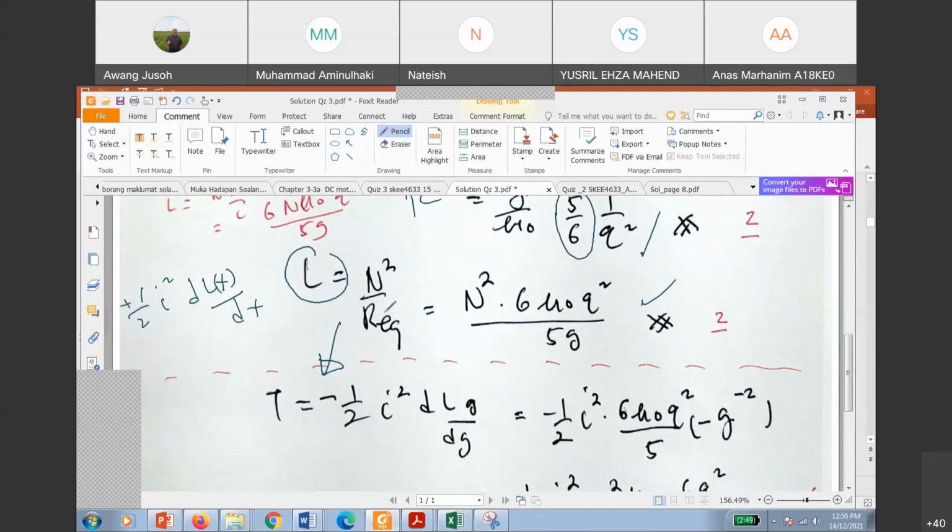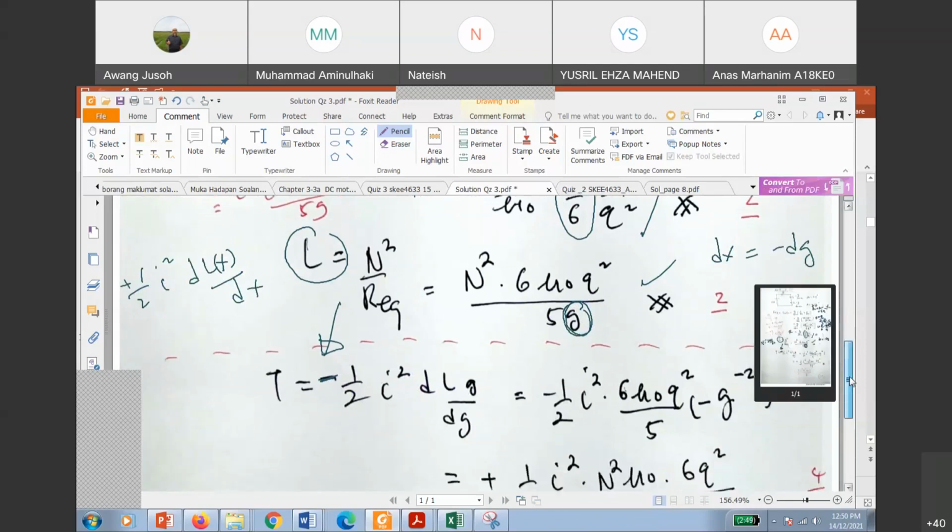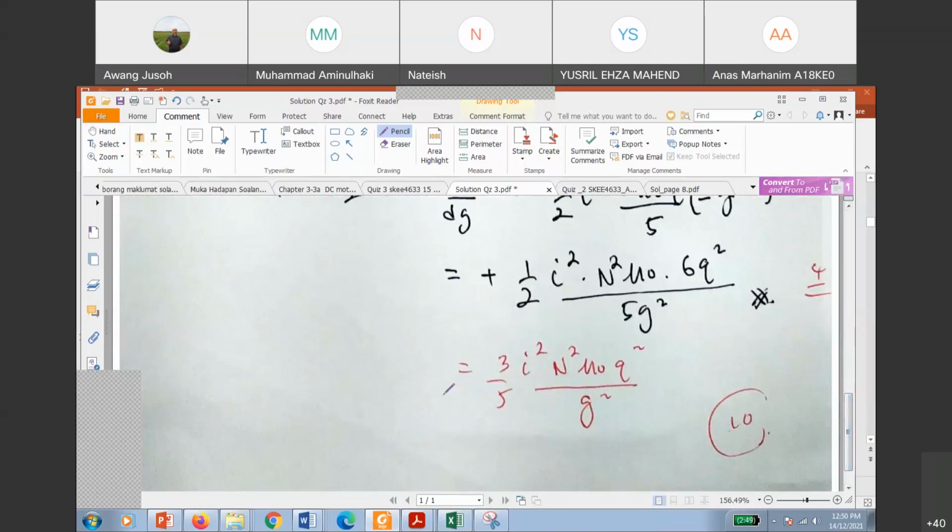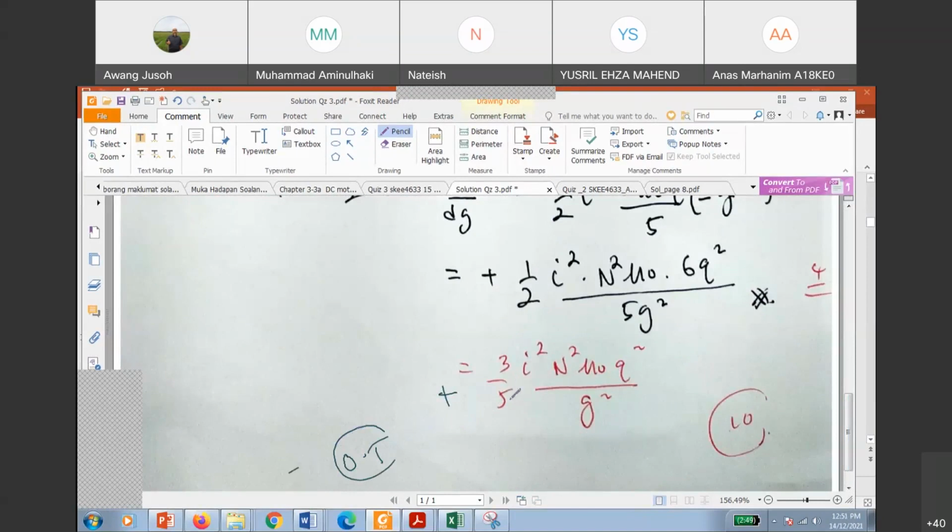But because we have the g component there, not x, we know that dx equals minus dg. Then this becomes minus half I squared dLg over dg. When you solve the problem, you get plus there, not minus. If you got minus, I deduct half a mark, 0.5 mark, because you got the wrong sign. The answer should be plus.